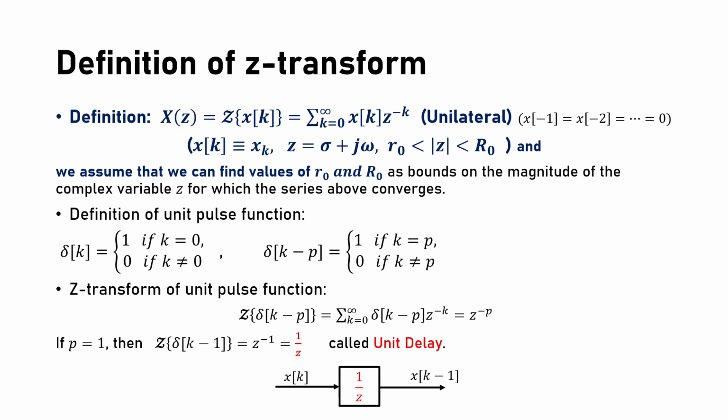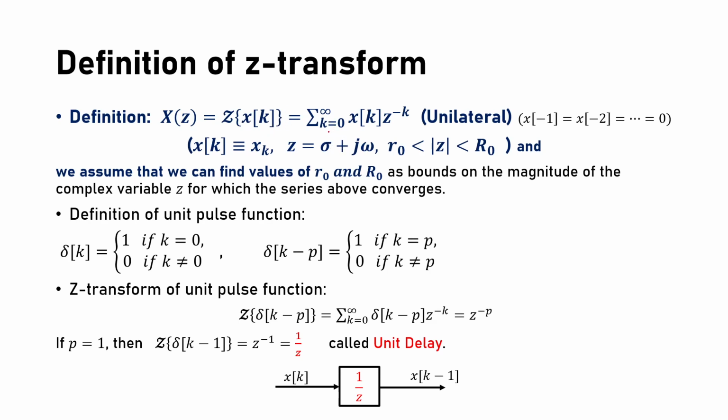And the next you see here is the definition of Z transform. When you have h as a function of index k, then you can transform it into the Z domain, denoted by capital H of Z, the Z transform of h[k].